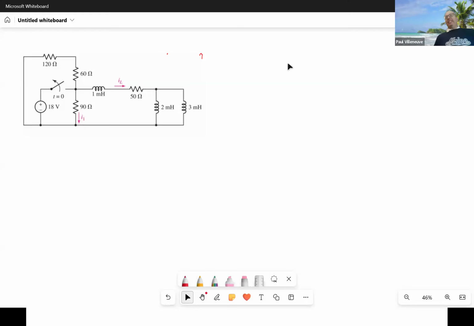All right, for those of you who are diligently working, keep working. I'm just going to go ahead and put up how I would tackle the problem. So I know the inductor current has to be not changing. So I need IL of 0 minus, IL of infinity, and I need tau, correct? Seen by that inductor.